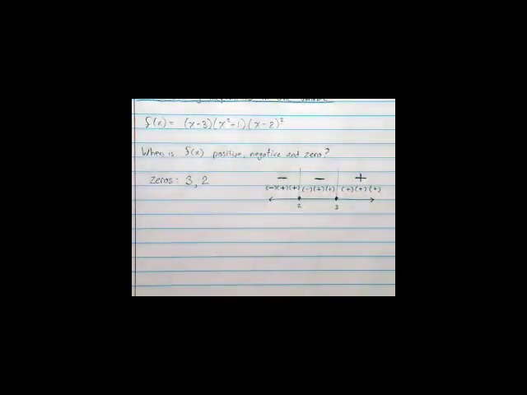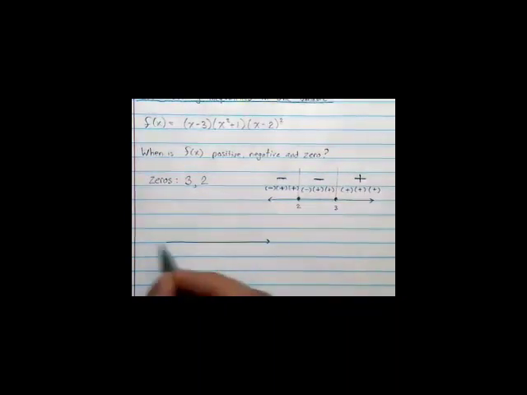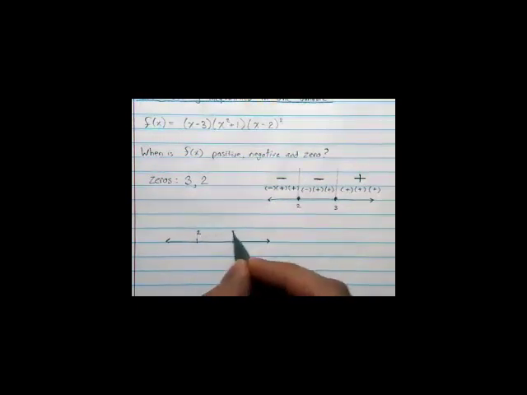So what's really happening here? The function is negative, then it has a 0 at 2, then it's negative again, then it has a 0 at 3, and then it's positive. So what does that look like? Well, it's going to be something kind of like this, if this is 2 and this is 3.